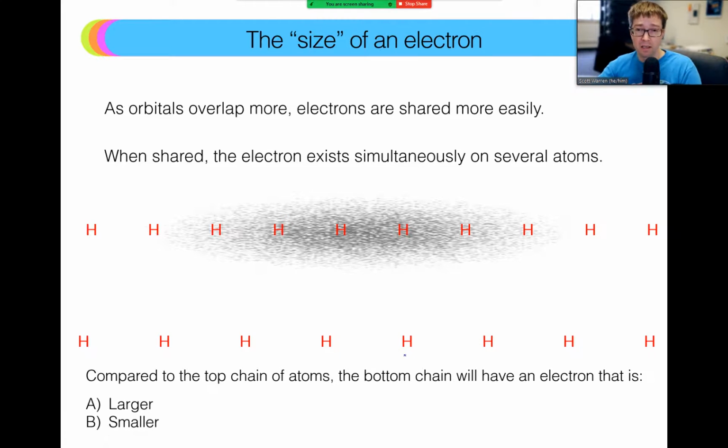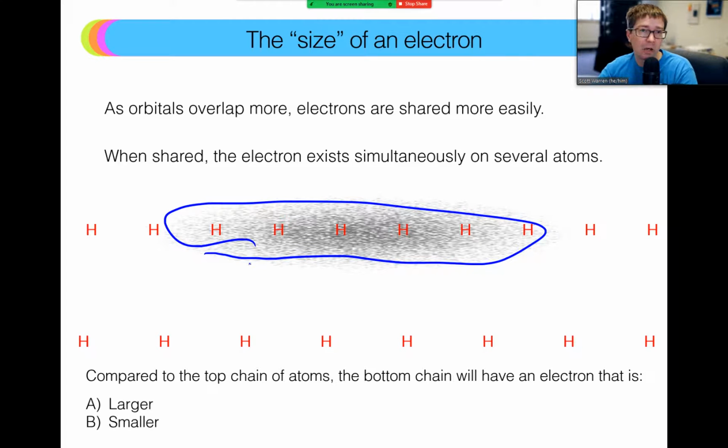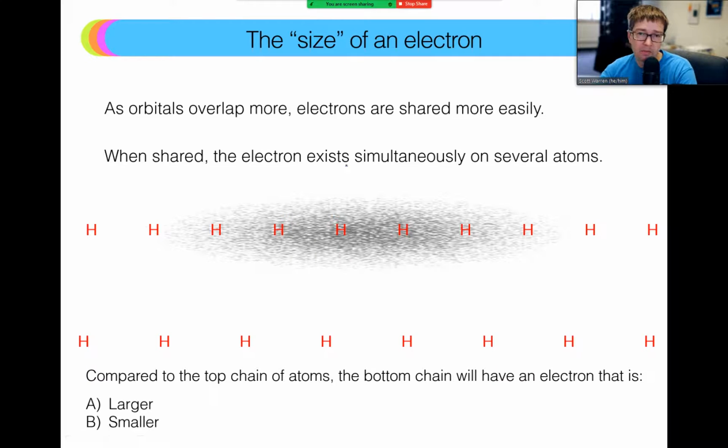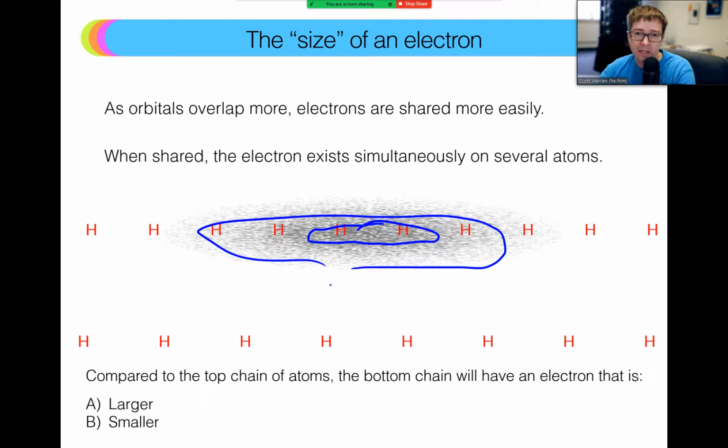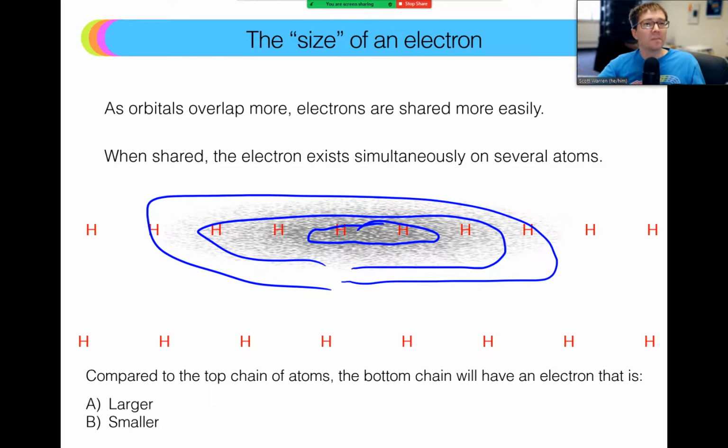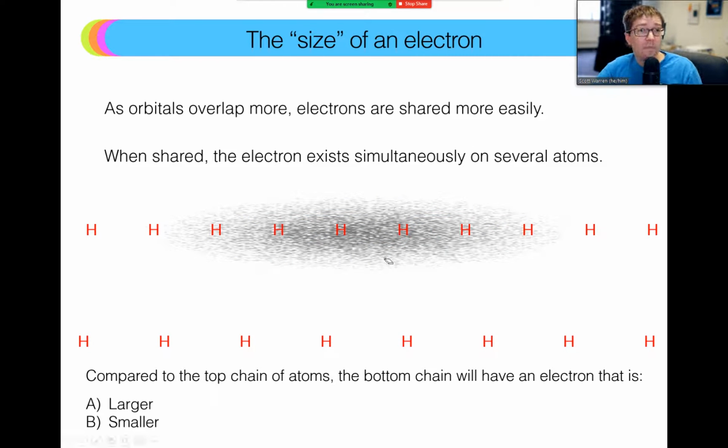That is, if we're representing this as our electron cloud here, we would say the probability of finding an electron might be highest where we've shaded it the darkest, a little bit lower farther out, and even a little bit lower even farther out. And so what we're describing when we talk about the size is that probability distribution for that electron.